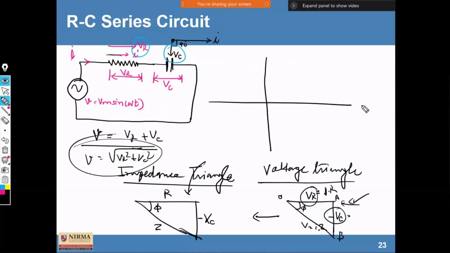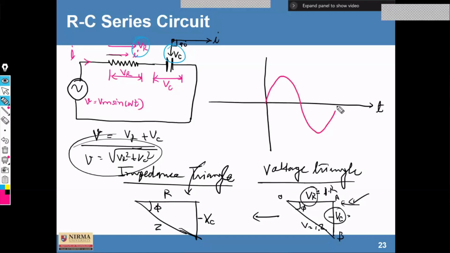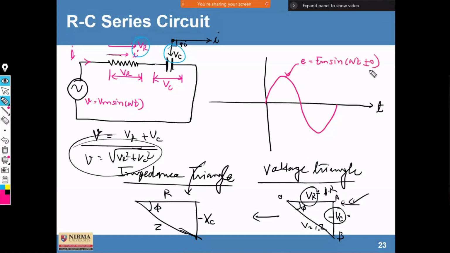This is with respect to time t, and this is the voltage equation. We can write E is equal to Em sine omega t plus or minus 0. Why am I writing plus or minus 0? Because it is referenced at t is equal to 0.